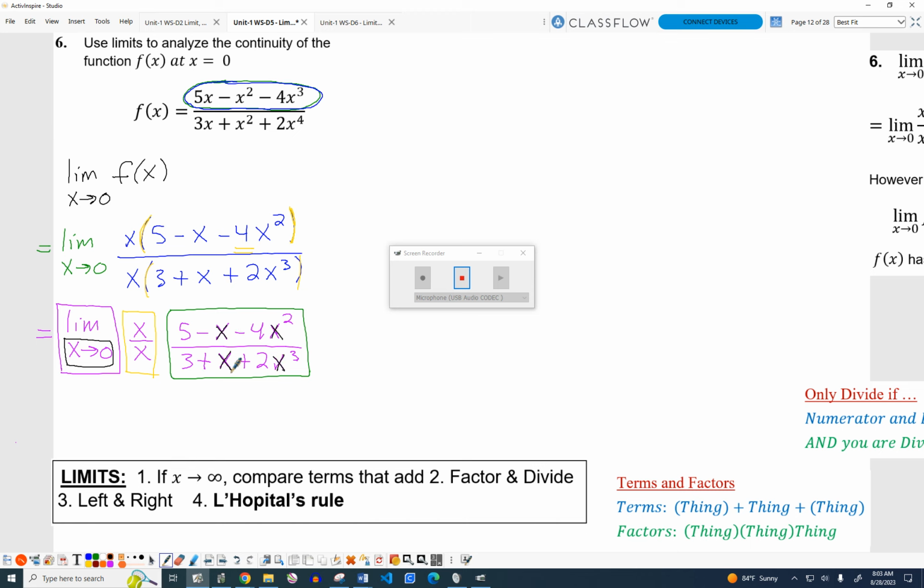And you're trying to find out, first of all, what this numerator is going to equal. So this part right here, in blue. What's that going to equal? And then you look and say, okay, what's the denominator going to equal when x is almost 0? Not quite, but almost. Hands up.